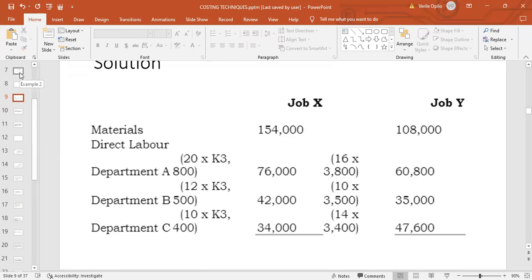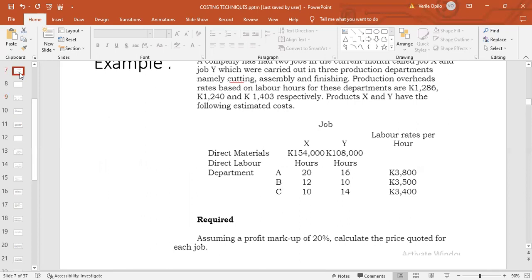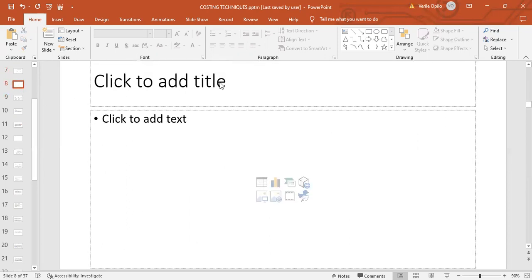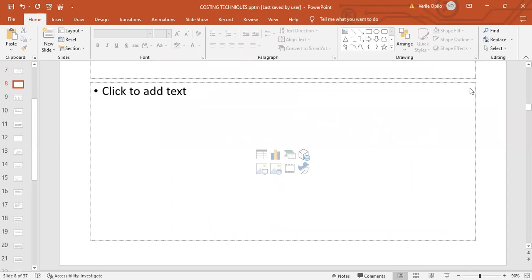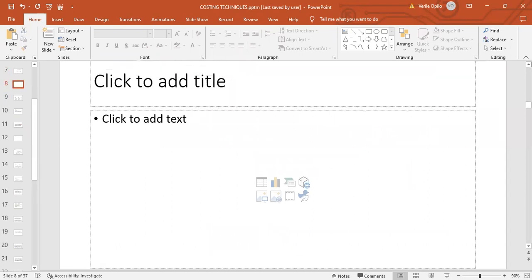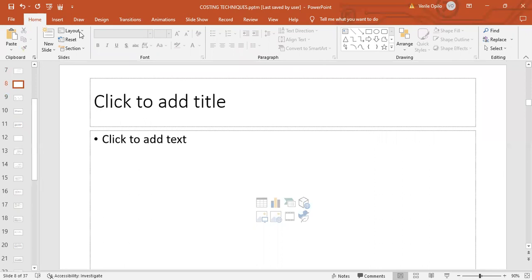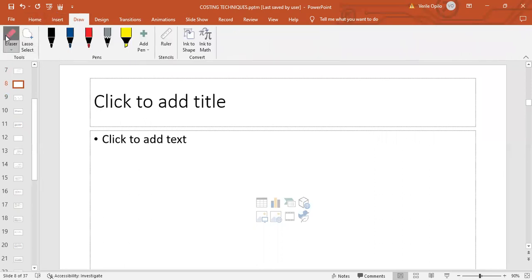So how much is the material, how much is the direct labor, and then also how much is the total production overheads that the company is going to be incurring per product. So let's look at this together. We shall work it out step by step so that we can see how to do that.